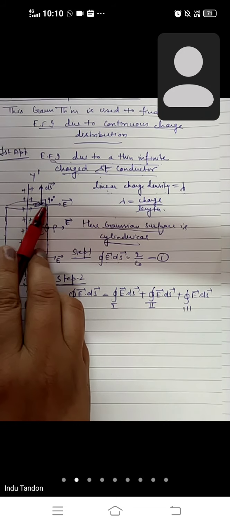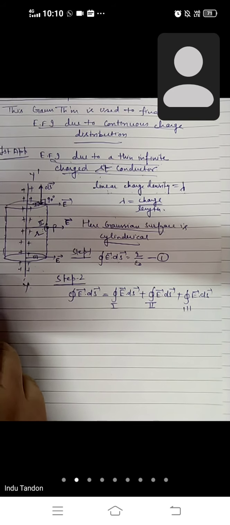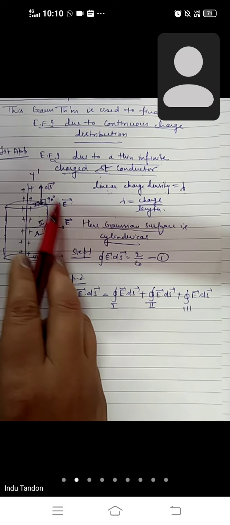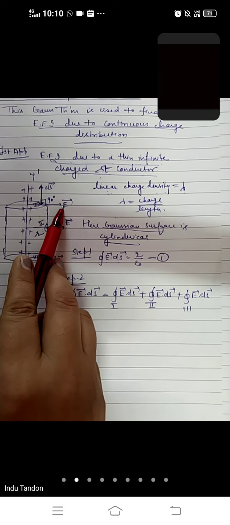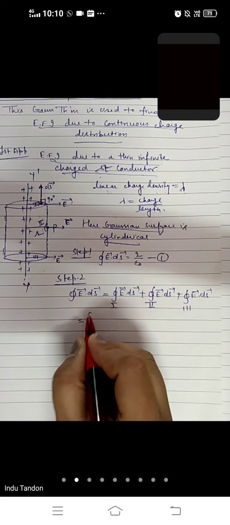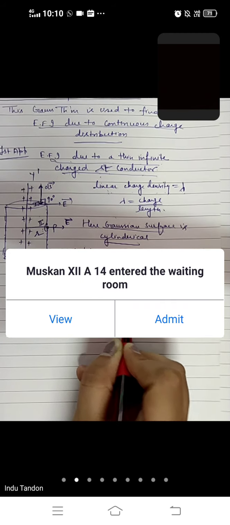For first surface, what is the angle between E and ds? 90 degree. For first surface, E dot ds is E ds cos 90.